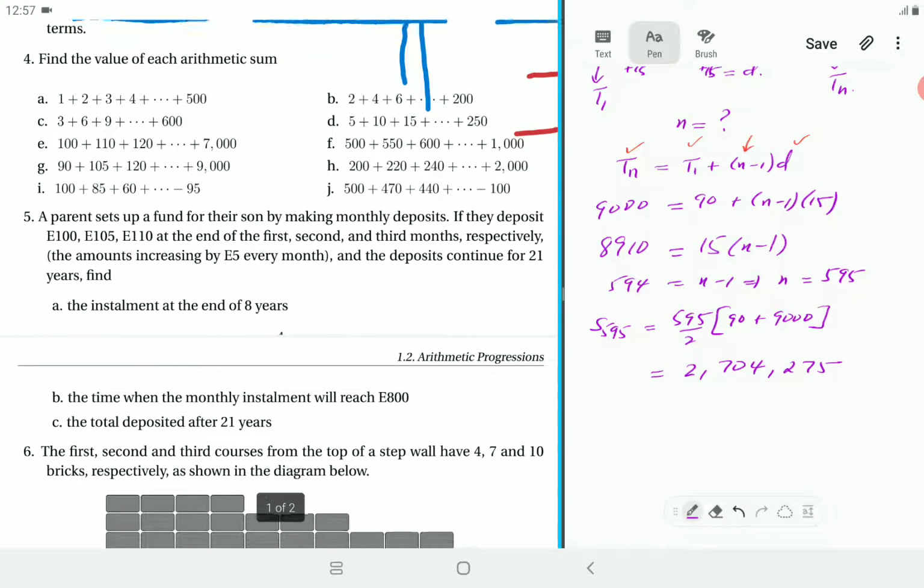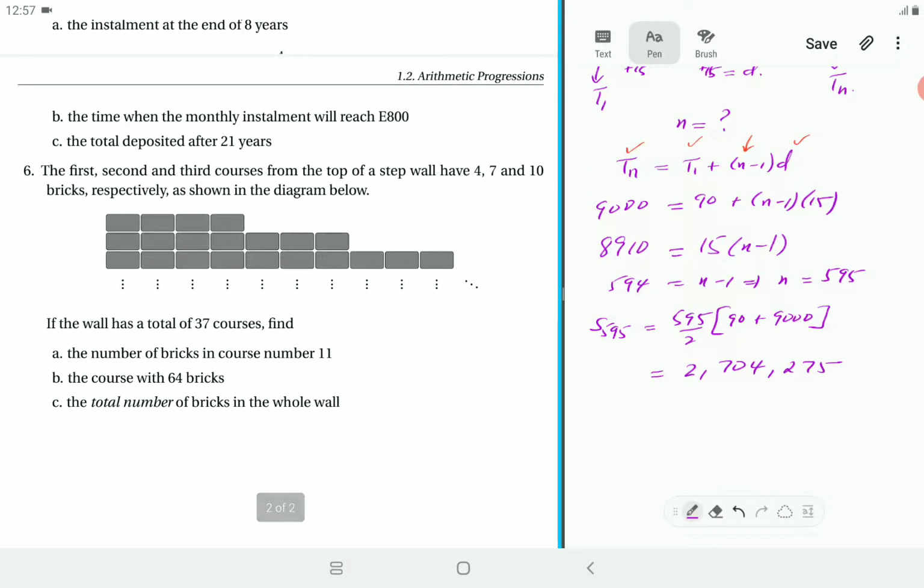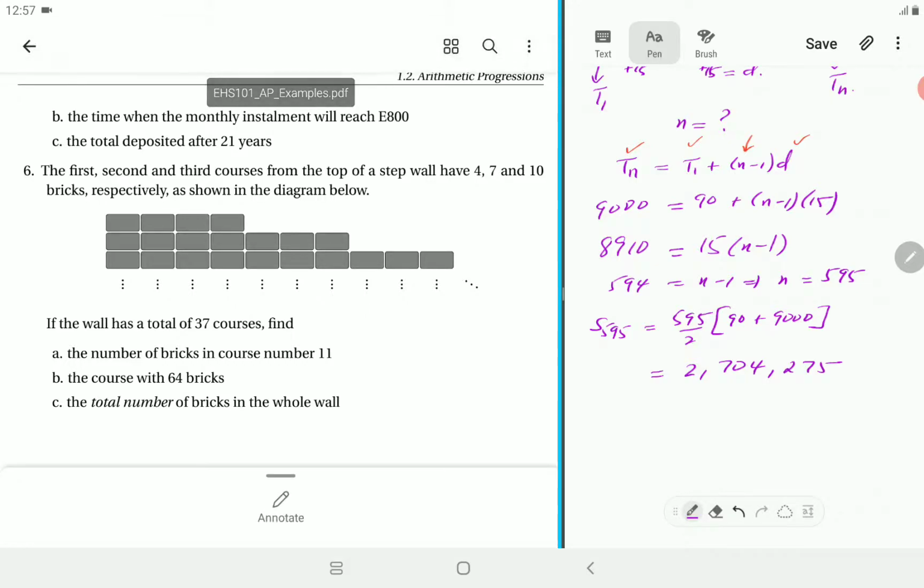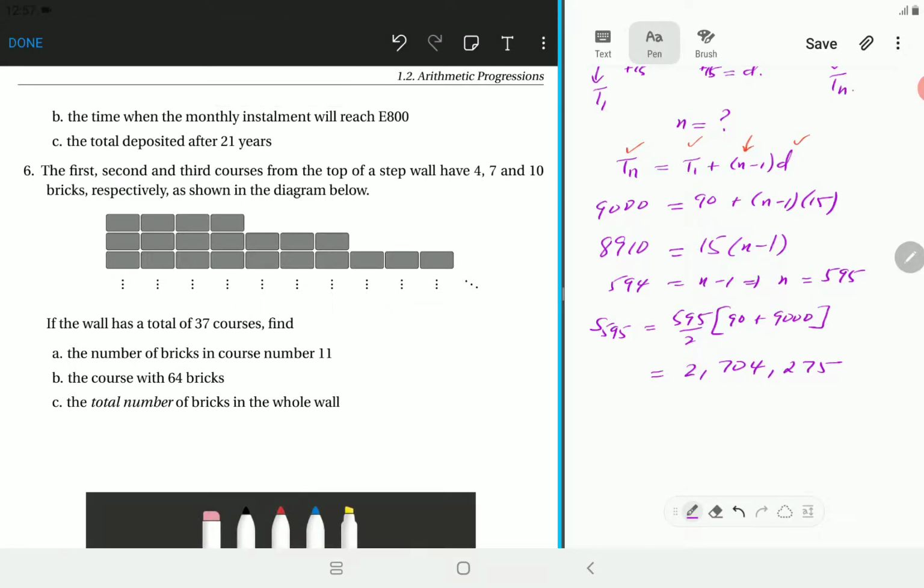All right, so in example number 6, I've got an application. The first, second and third courses from the top of a step wall have 4, 7 and 10 bricks respectively, as shown in this diagram here. So 1, 2, 3, 4 here, 1, 2, 3, 4, 5, 6, 7 here, and then 10 for the next one.